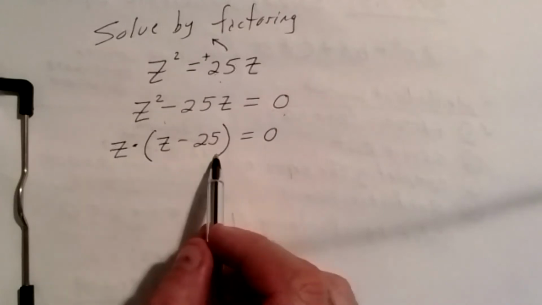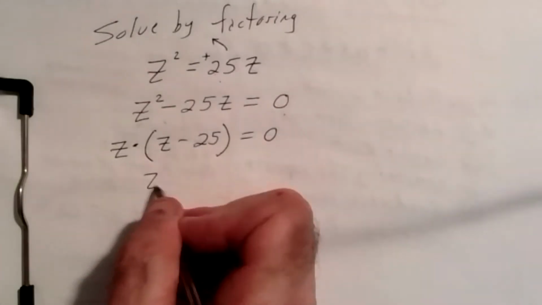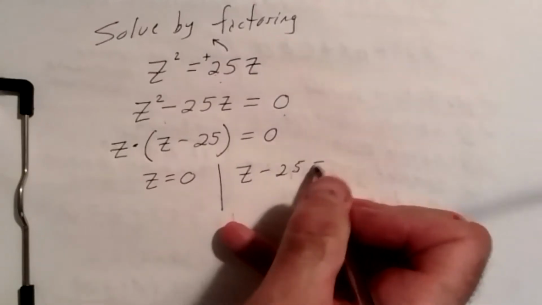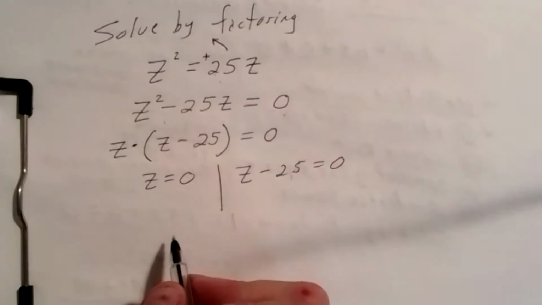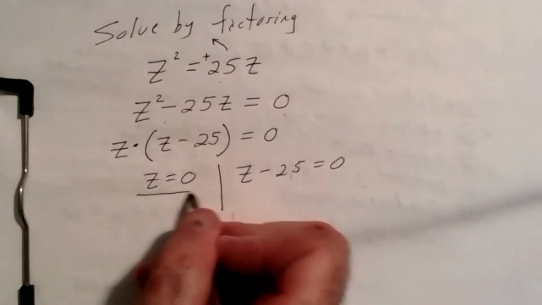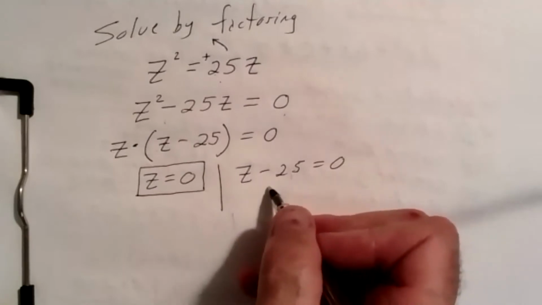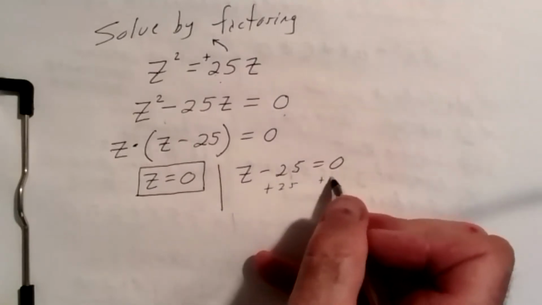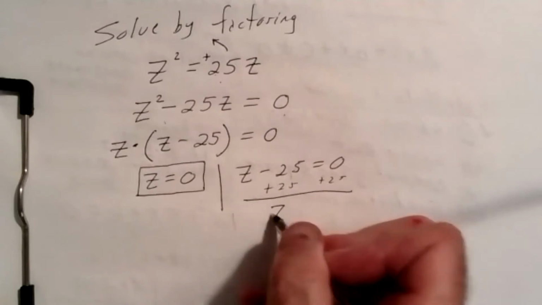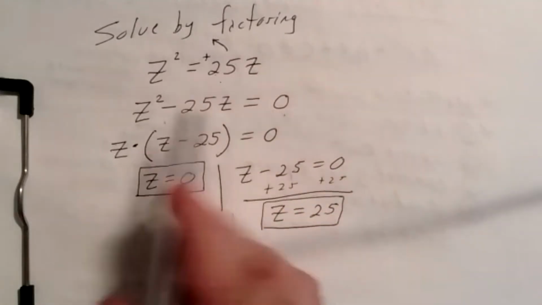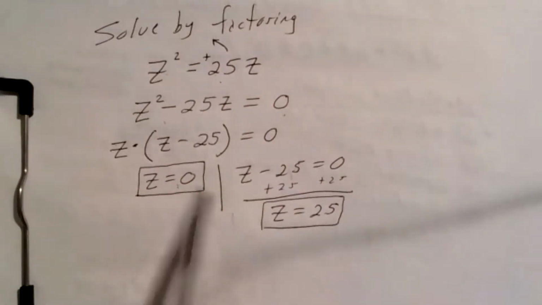Now that our left side is completely factored, we set both factors equal to 0. And we solve both simple first degree equations. This one is already solved. So one solution to our quadratic equation is 0. The other solution is found by solving this equation for z, and we get 25 as being another solution. And we are done. We have solved this quadratic equation for its two solutions.